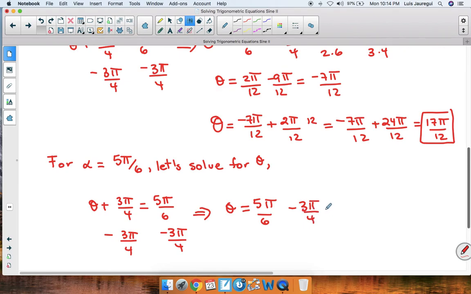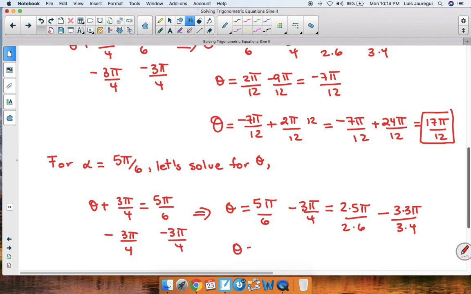Now, looking for the same denominator, which happens to be 12, let's do some multiplications here. I'm going to multiply this first part by 2 over 2, so we have 2 times 5 pi over 2 times 6, minus the second part multiplied by 3 over 3, so 3 times 3 pi over 3 times 4.